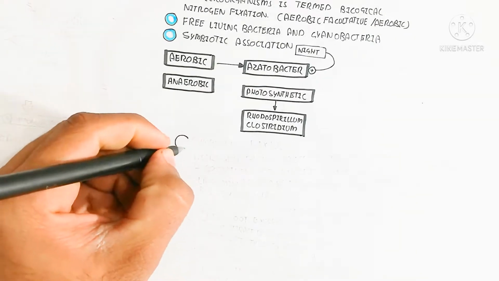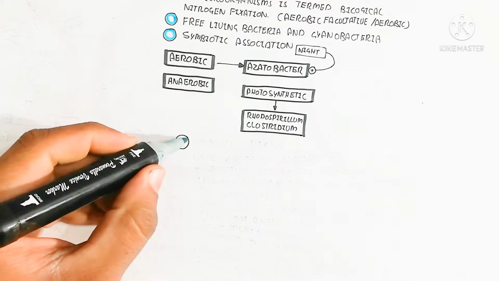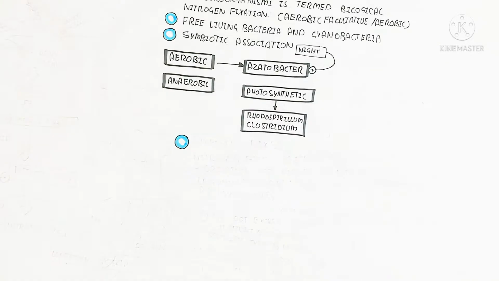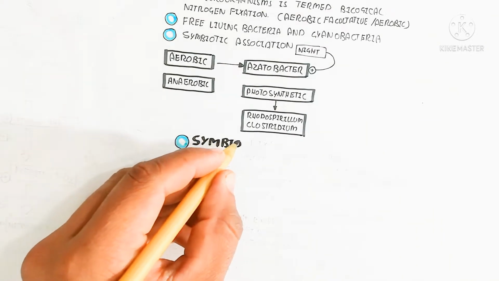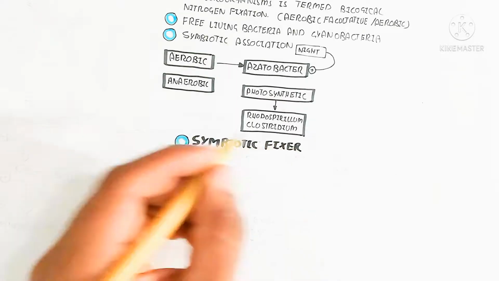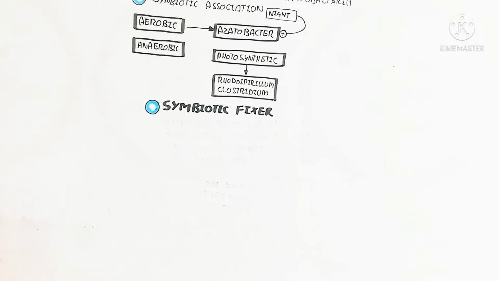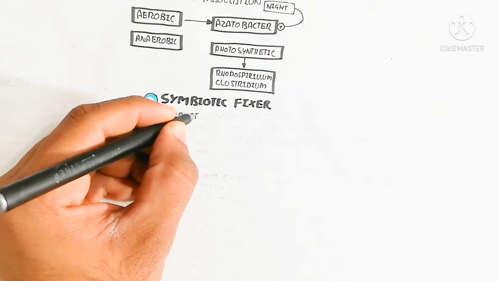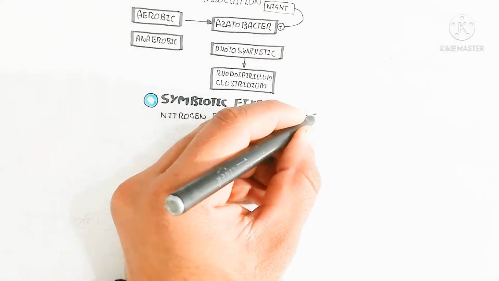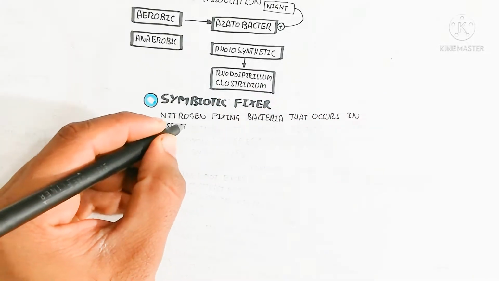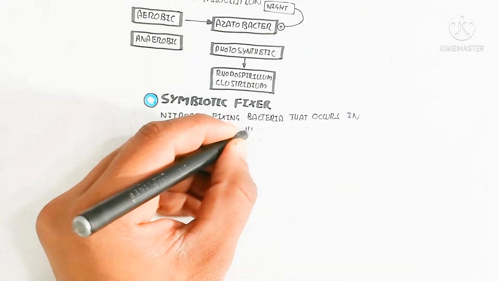So let's begin to understand symbiotic fixation, or symbiotic fixer bacteria. What is that and what does it mean? That is very important. Nitrogen-fixing bacteria that occur in association with higher plants, such as the Leguminosae and Fabaceae family, are termed symbiotic and mutualistic.